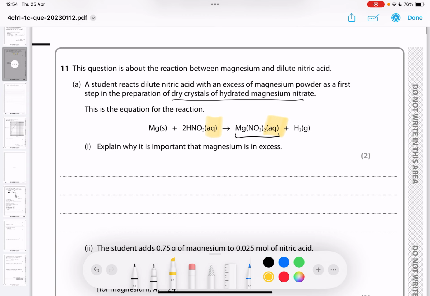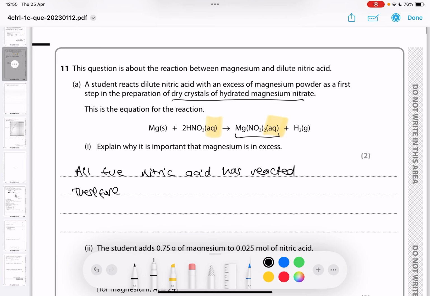So you need magnesium in excess to make sure that there's no nitric acid and make sure that all the nitric acid has reacted. Okay, so you want excess magnesium to make sure all the nitric acid has reacted, and as a result, in the products, you will only have magnesium nitrate.